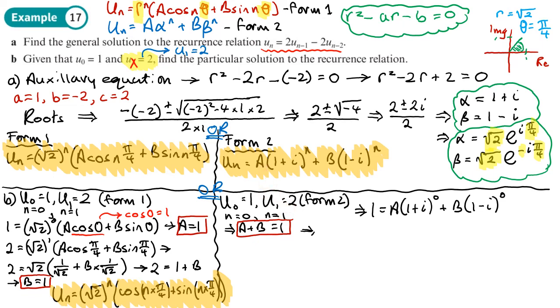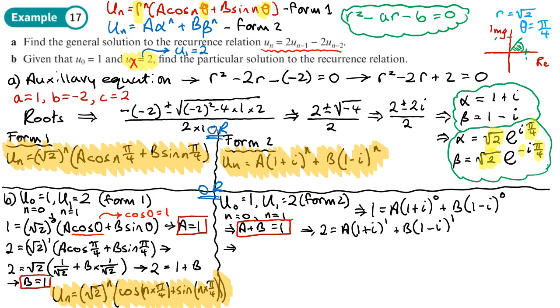So that will give us 2 equals a times by 1 plus i to the power 1, because n is 1, plus b times by 1 minus i to the power 1. Now, anything to the power 1 doesn't change what we have in the brackets.